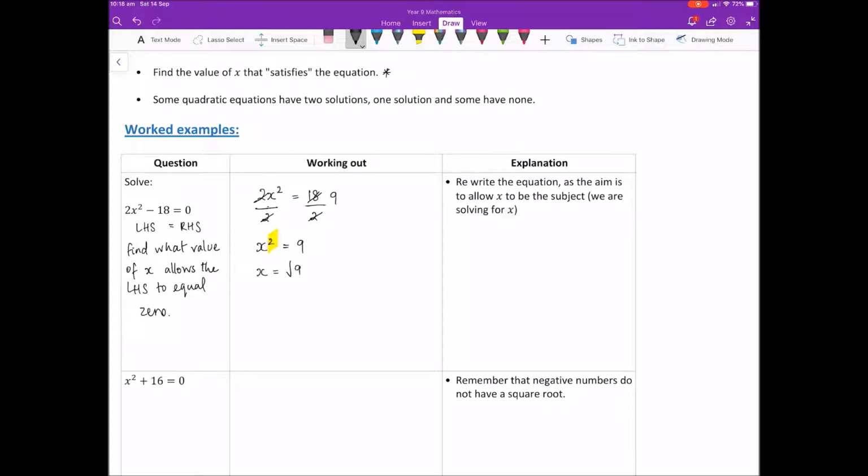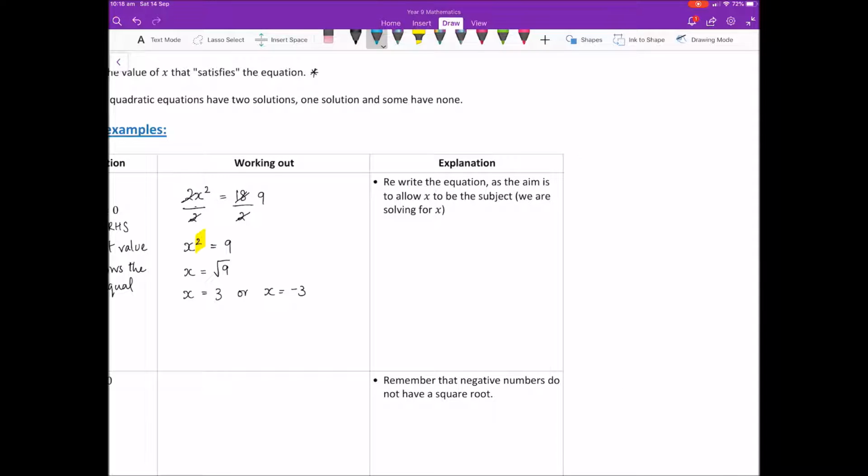So if I do the square root of 9, what I'm going to get is that x could equal 3, or x could equal negative 3. Now, the reason I say that x could be 3 or x could be negative 3 is because if I do 3 to the power of 2, it's the same as saying 3 times 3, which is equivalent to 9.